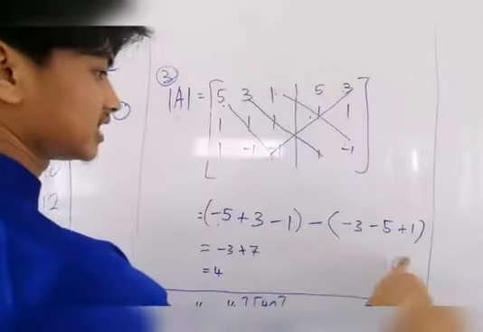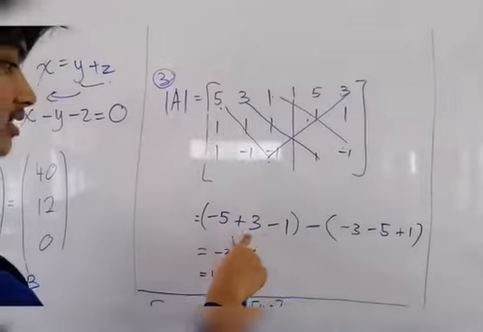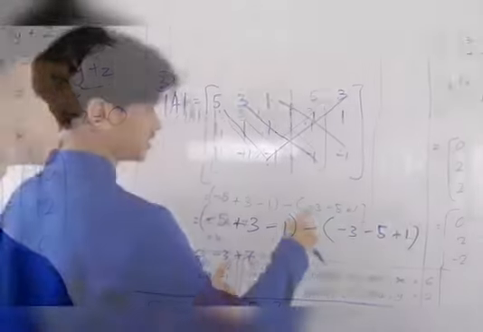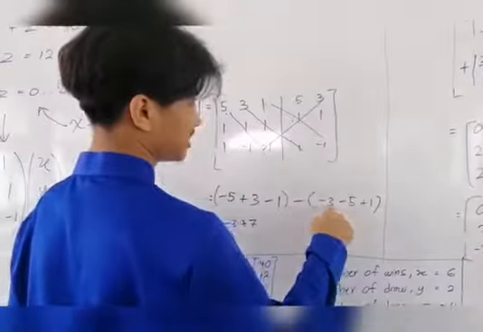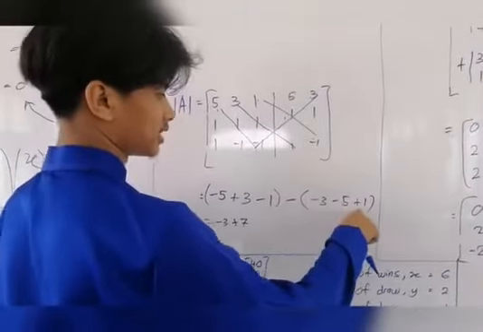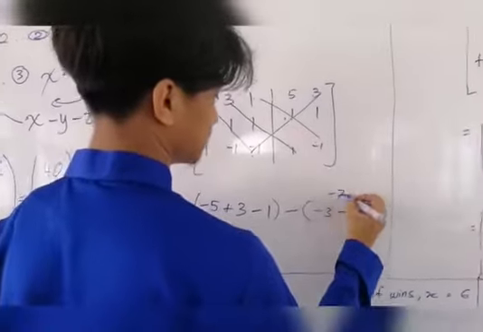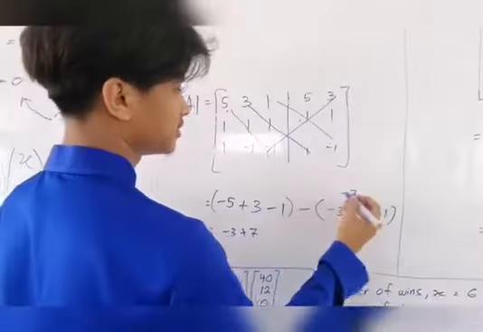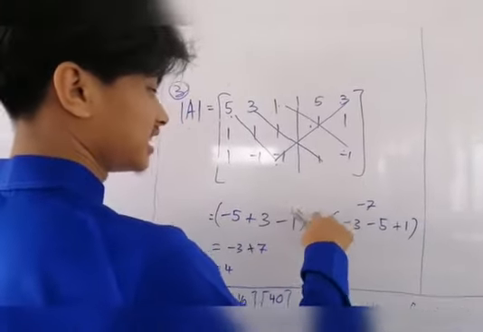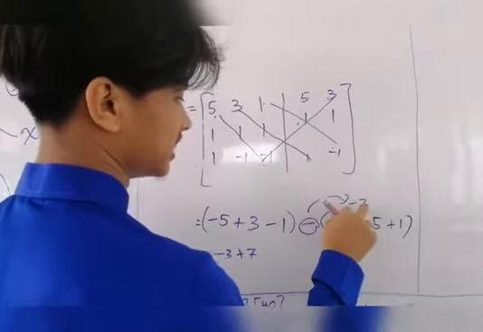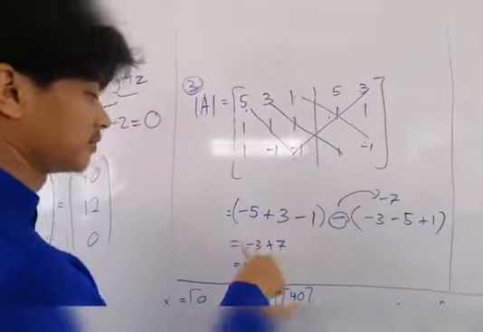So you calculate this. Negative 5 plus 3 minus 1 will be negative 3. This value is negative 3. Negative 5 plus 1 is equal to negative 7. So negative 7 times the negative sign will be positive 7.